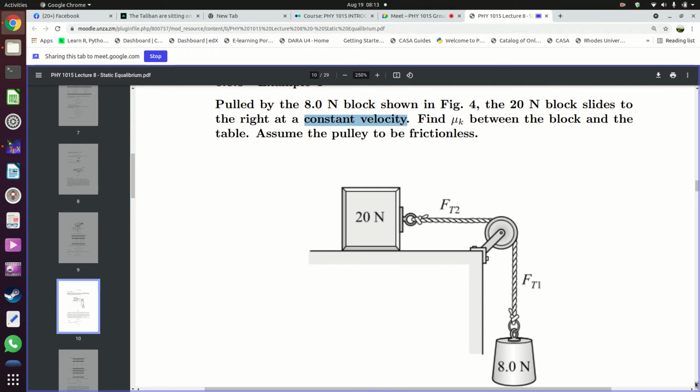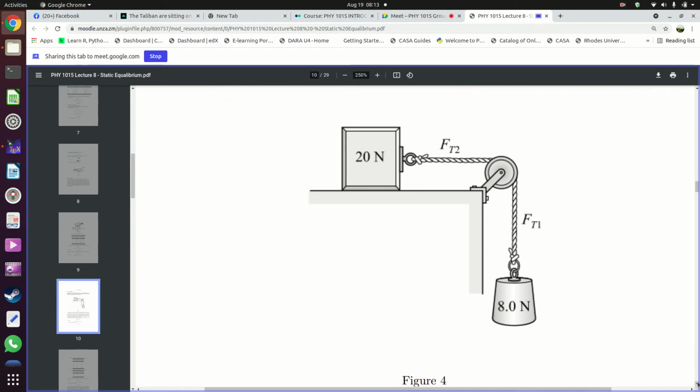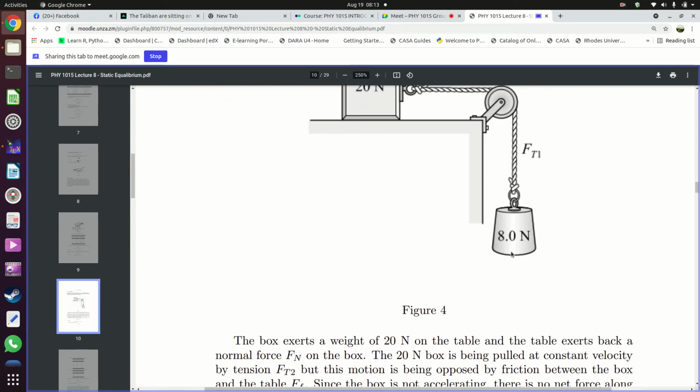The other object of interest is this one, the 8 Newton object here. In this particular case, the weight of this object is pointing down, because weight always points down.